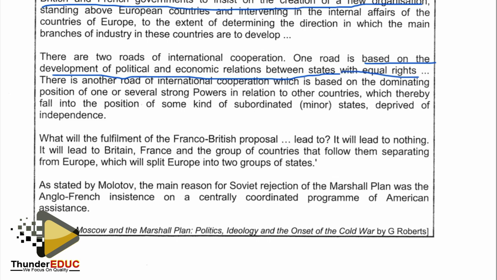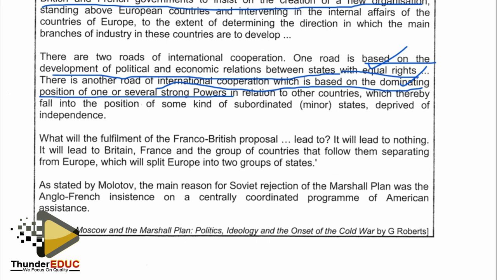That is one road. The other road of international cooperation is based on the dominating position of one or several strong powers. So our two responses are just extracted from the source. These are extractive questions, where we just take the answers from the source provided.